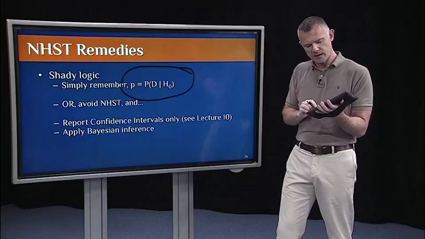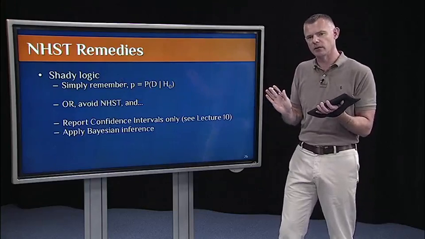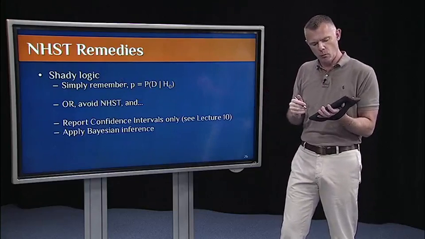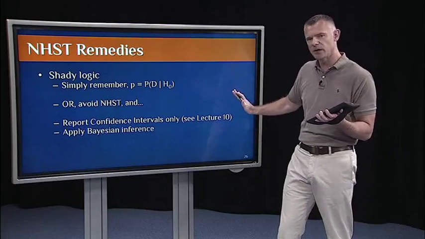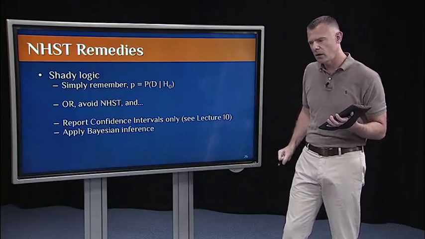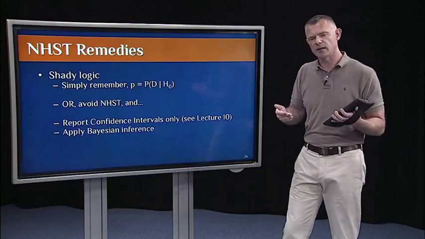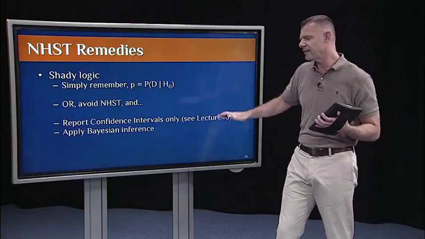Now, if that's not enough for you, then you might want to just avoid NHST altogether. There are alternatives. One option is just to report confidence intervals only, and I'll show you how to do that in lecture 10, or engage in another form of hypothesis testing called Bayesian inference.